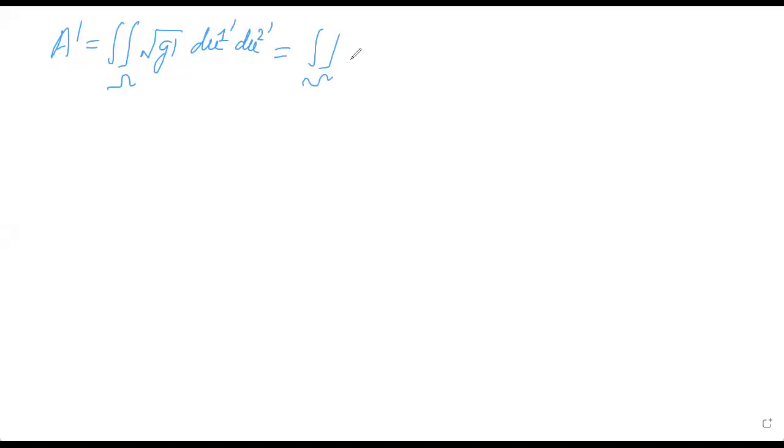So this will be under root G del of u1 u2 over del of u1 dash u2 dash du1 dash du2 dash.